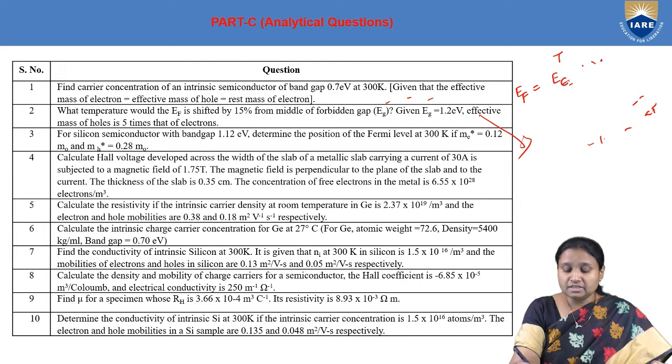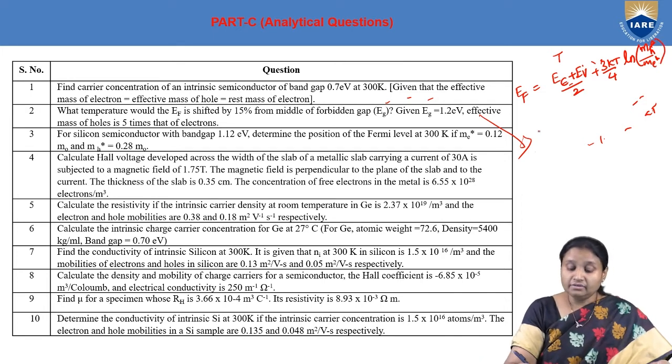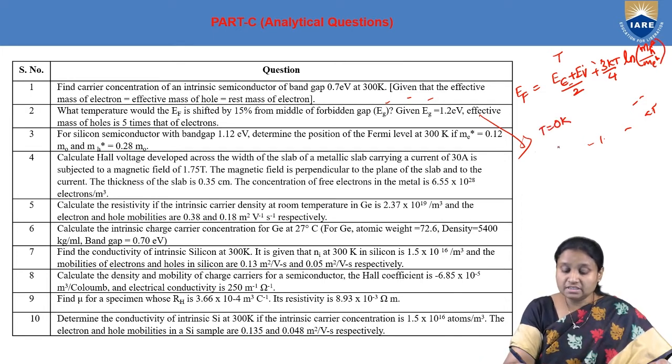It is given as EC plus EV by 2 plus 3 kT by 4 ln mh star by me star. This is the expression for Fermi energy level. And at T equal to 0 kelvins, EF is equal to EC plus EV by 2. But at T equal to 0 kelvins, where is our Fermi energy level?